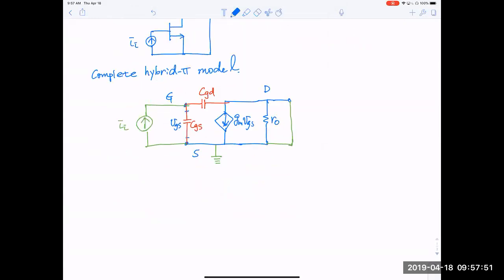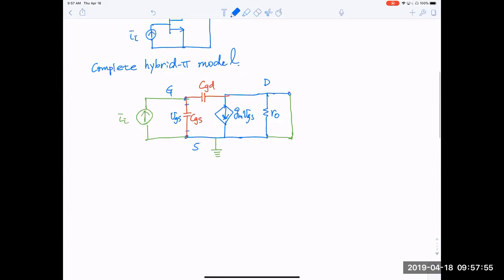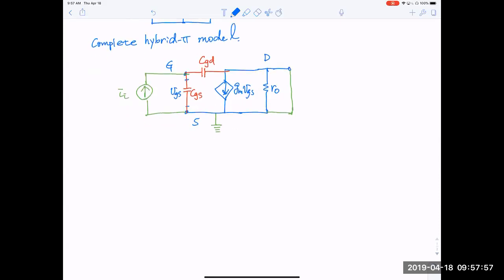This circuit is quite a bit simplified because we short circuit the output. So let's do AC analysis. Let's use the symbol s equal to j omega. It's a shorthand. I think by now you are comfortable using s to represent the circuit element.